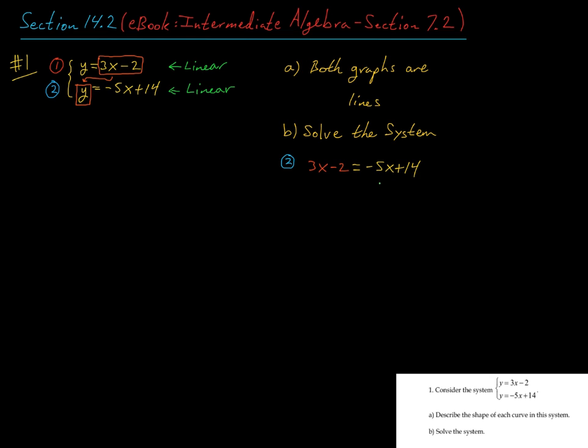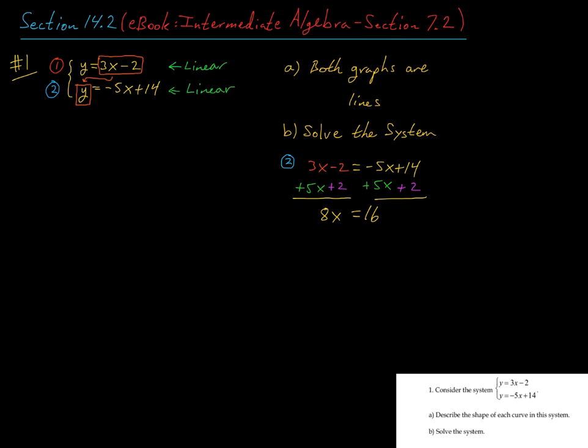Let's do that. I'll add 5x to both sides. And then I'll add 2 to both sides. All right, and so that gives us an 8x on the left and a 16 on the right.